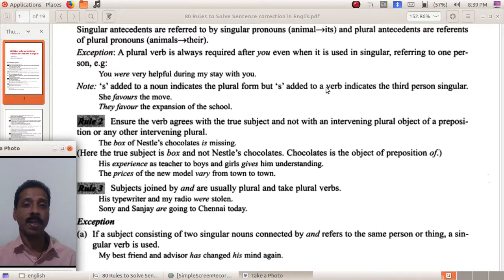That's the difference. In the case of a noun, when we add s or es, we get the plural form. But in the case of a verb, when we add s or es, we get the singular form. For example, go, goes. This is the thing you have to keep in mind.